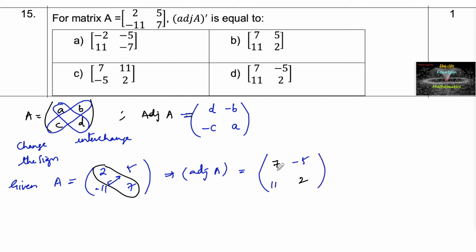So this is the adjoint of A, and now transpose of the adjoint of A. Transpose of adjoint is interchanging the rows to columns and columns to rows. So the first row will become first column and second row will become second column. So 7, 11, minus 5, 2. So which is our option C. Option C is the answer, right?